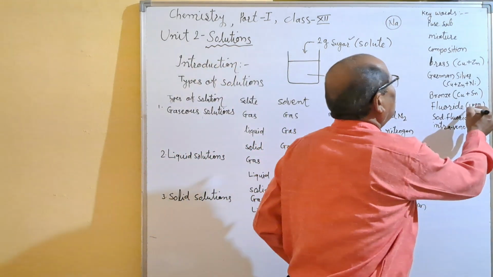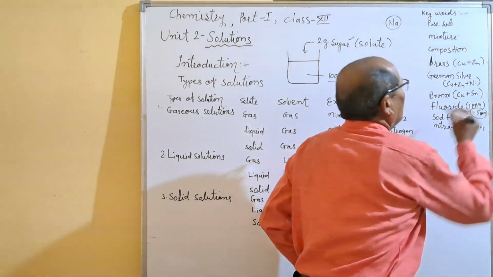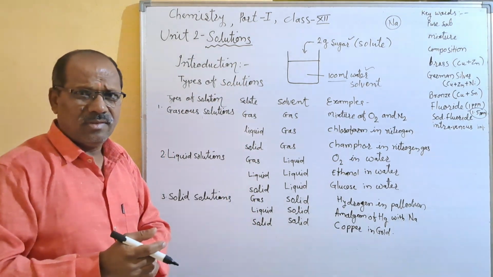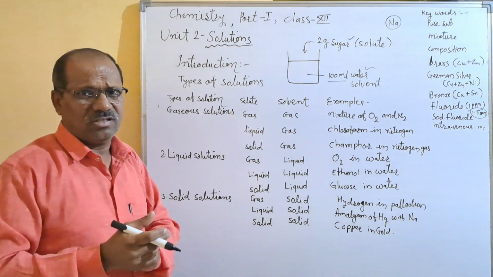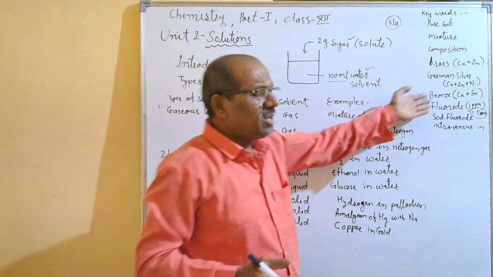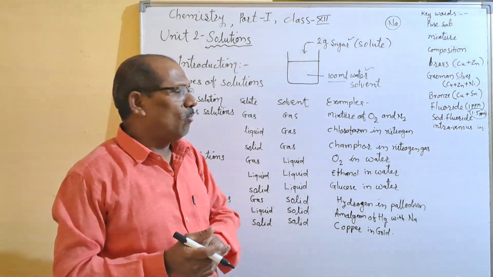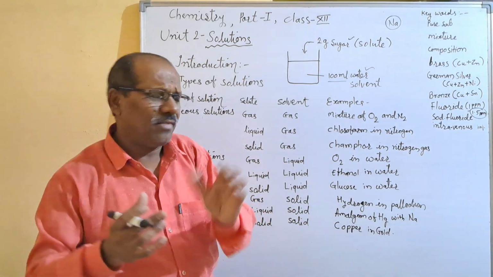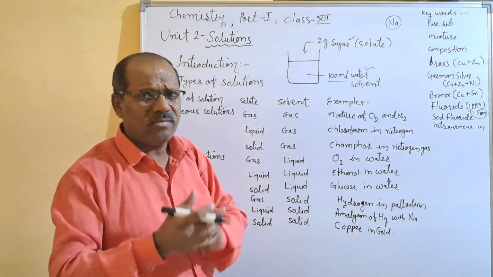But whenever the concentration of fluoride increases to 1.5 ppm, then it creates complications. It creates problems. It will start to mottle the teeth. Means teeth are becoming opaque.